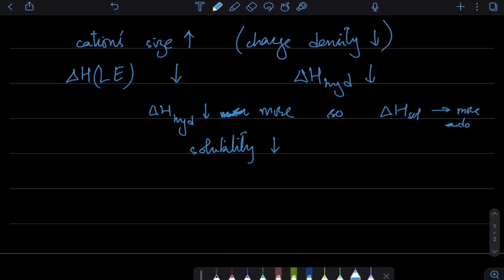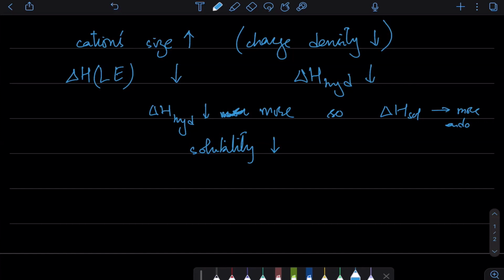You can interpret it in this way. In the exam, in the book, they have used the words more endothermic and more exothermic, or less negative and more negative. Whatever makes more sense to you, you can use that. If you're more comfortable with more endothermic, use that. If you're more comfortable calling it less negative, that's also right.